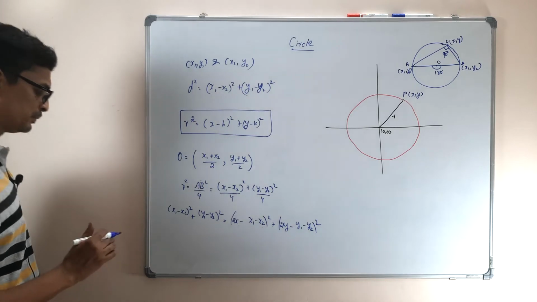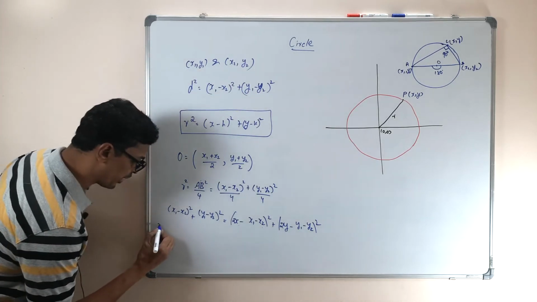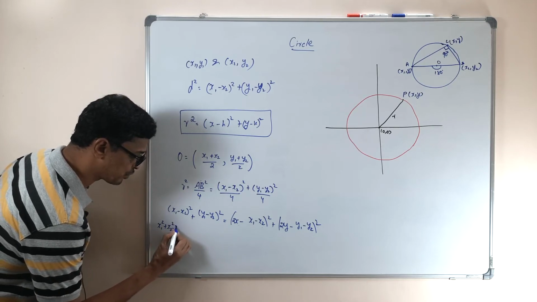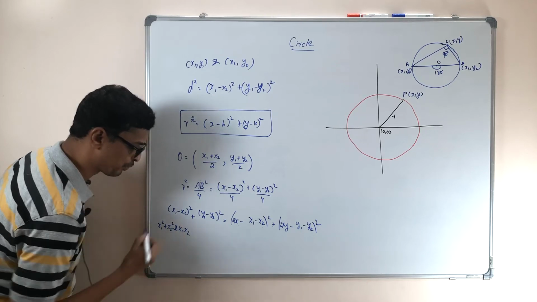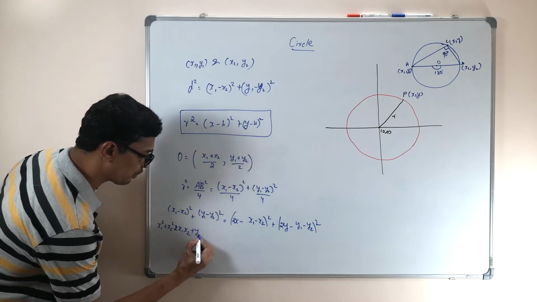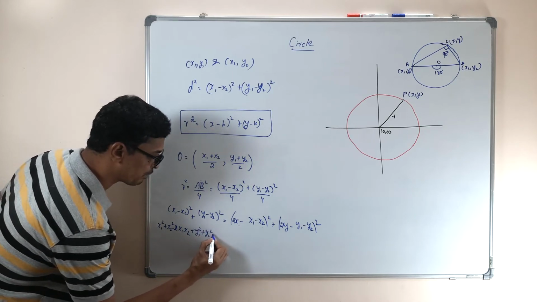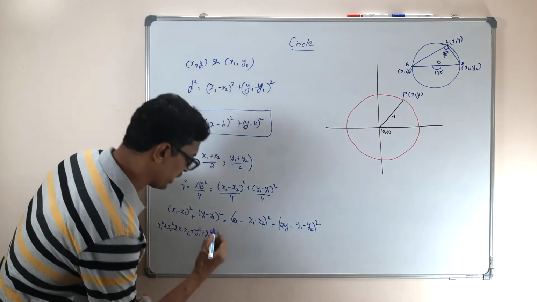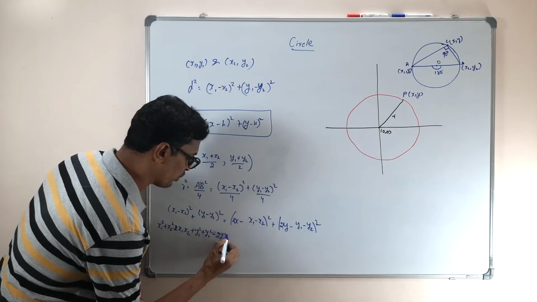You know the formula. What will this be? x1 squared plus x2 squared minus 2x1x2. This is y1 squared plus y2 squared minus 2y1y2.